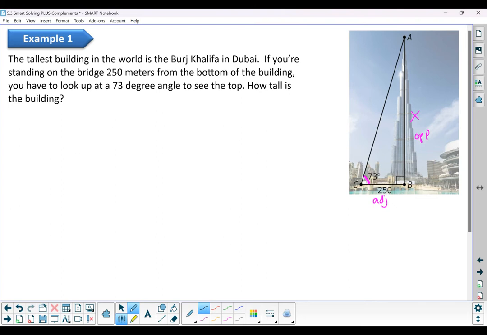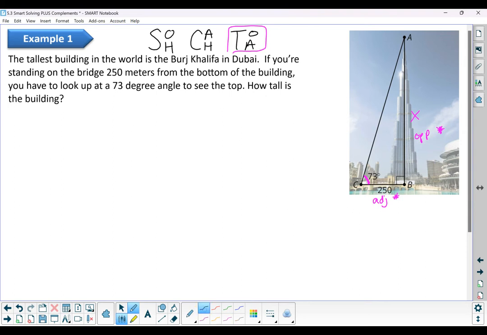Whenever you are solving one of these trig problems, you want to think about which of your trig ratios should you use, the sine, the cosine, or the tangent. Well, for this problem, we want to calculate the opposite and we know the adjacent. So we're going to be using a tangent ratio, because the tangent ratio is the one that relates opposite and adjacent.